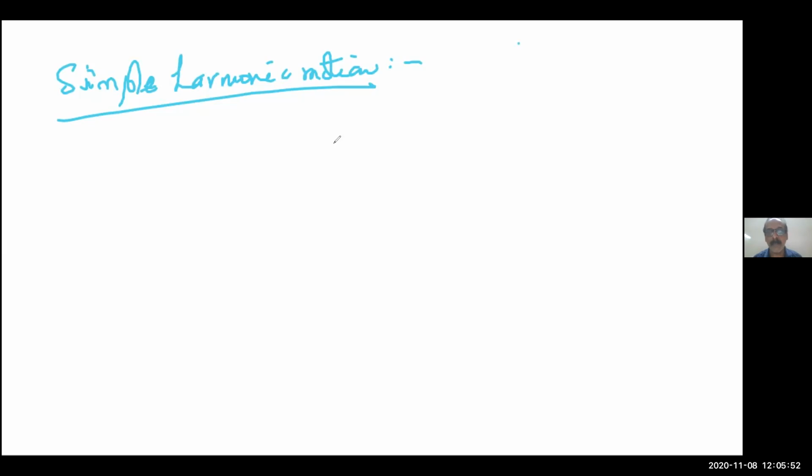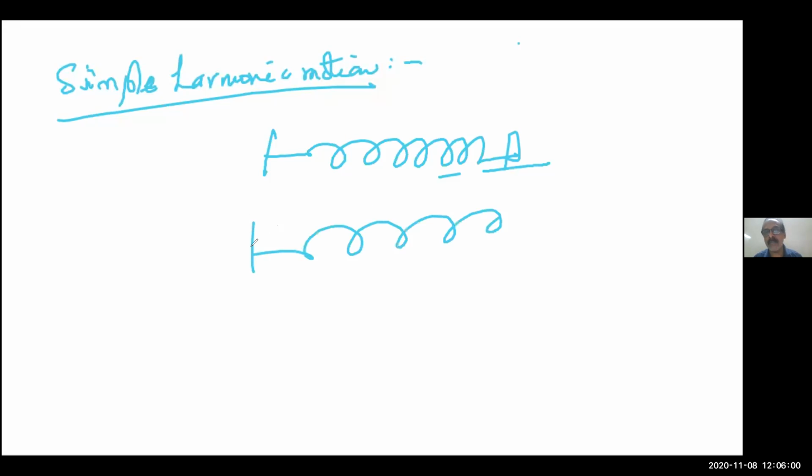It means, suppose we are taking a spring. If I stretch this spring from here, we know the spring will develop a restoring force Kx, isn't it? If I release it, it will come back to this place, but due to inertia it will not stop there.